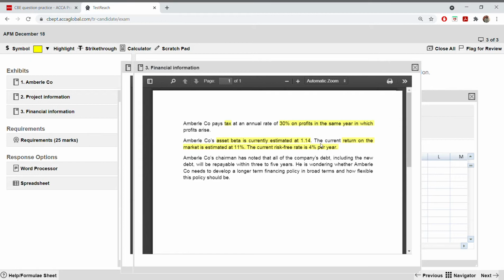The question is, why is this much information enough? The reason they are giving you the asset beta is for you to find the equity beta, and that's enough. Why? Because you just need the cost of equity.